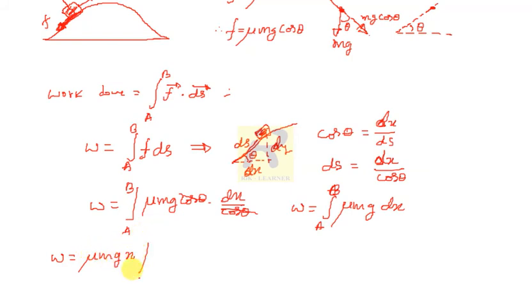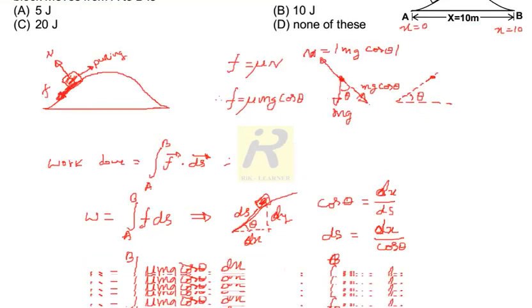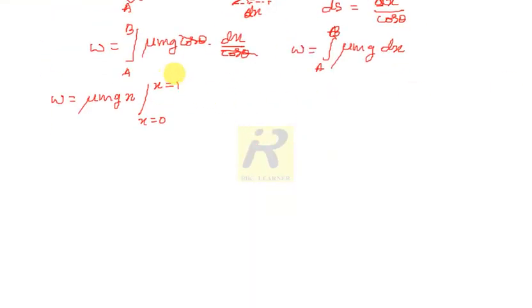from x equals 0 to x equals however much distance has been given. So x equals 0 at A and x equals 10 at B, so it is 10 meters. So this is equal to mu, which is 0.2, m, which is 1 kg, and g is not given, so we will take it as 10, into x, which is 10 minus 0, because the upper limit is 10 and the lower limit is 0.